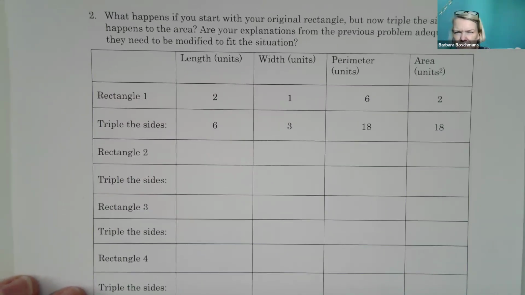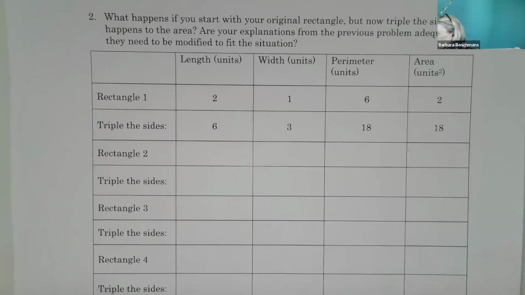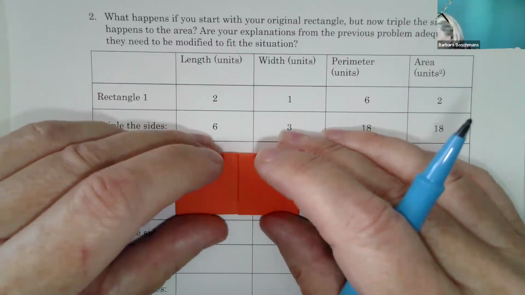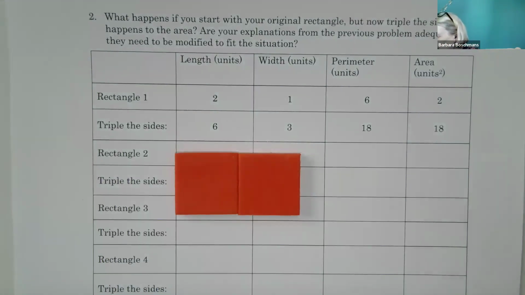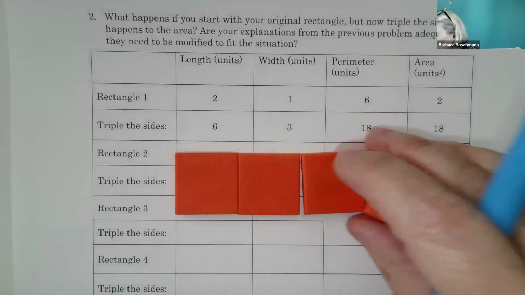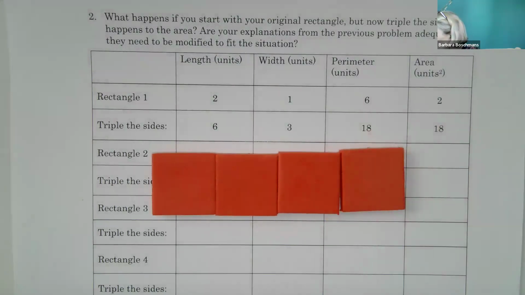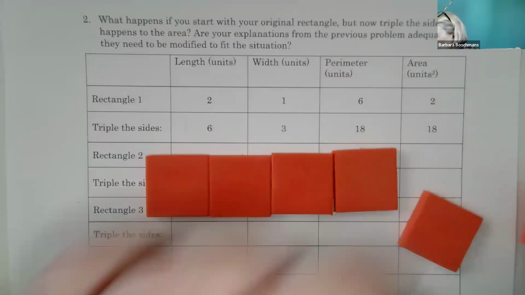And on the next page, we'll do the same, except we're going to triple the sides. So again, if I have the 2 by 1 here, you have the perimeter at 6, you have the area that is 2, and if I triple the sides, so times 3, I will get a length that is 6.